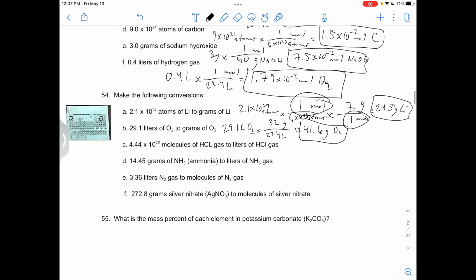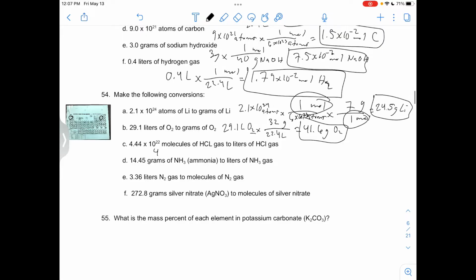Okay, next one. We have 4.44 times 10 to the 22 molecules. So molecules goes on bottom. Ooh, it's so small.